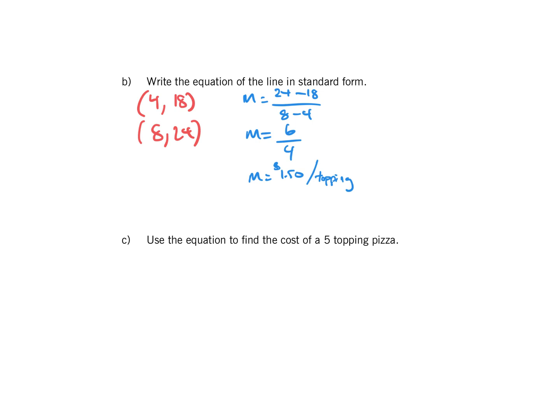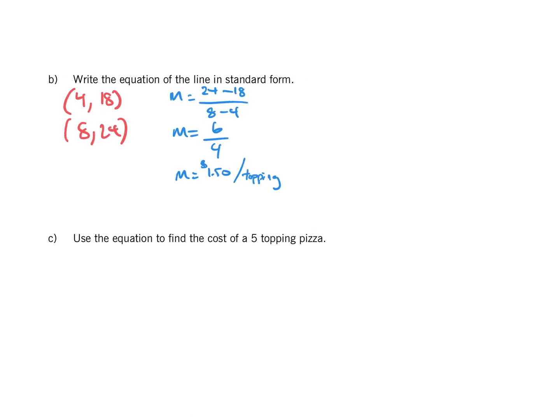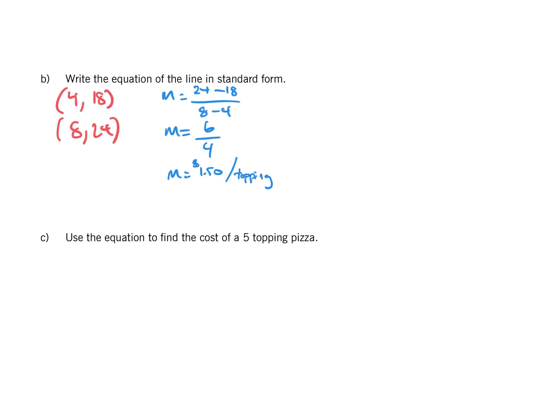Okay? Now, as we've seen before, when we have 2 points, we could pick either one to find the equation of the line. So y minus y1 equals m bracket x minus x1. Now, this is going to be 1.50.